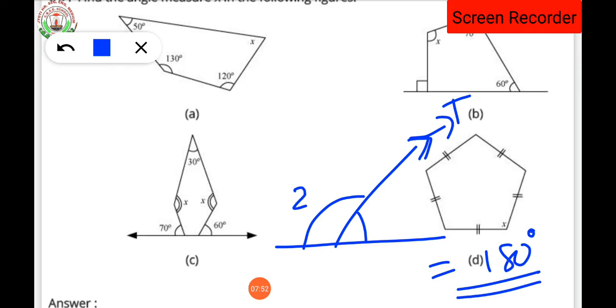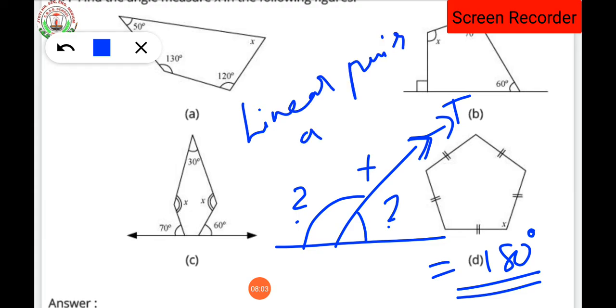That means this angle and this angle, when we add them, equal 180 degrees. So this linear pair axiom definition, which you studied last year and which I have already recalled for you, is going to be used over here to solve.